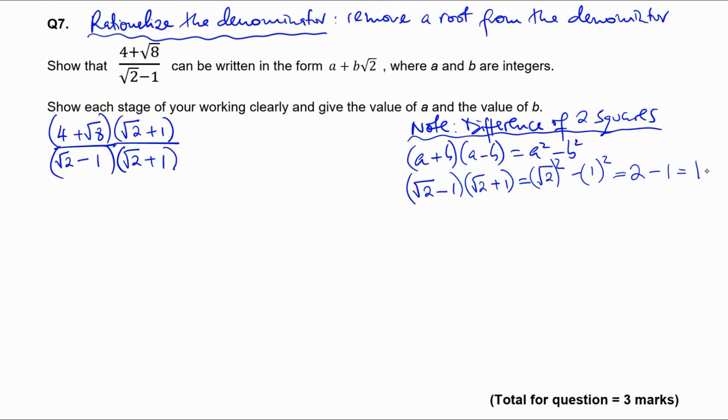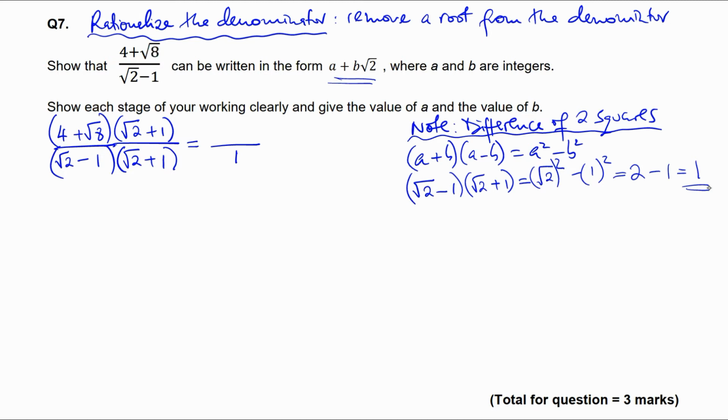So basically our denominator will be equal to 1. Remember, the plan is to remove the root from the denominator. That way we can end up with an expression that is in the form of a plus b square root of 2. So we know that our denominator will be equal to 1.